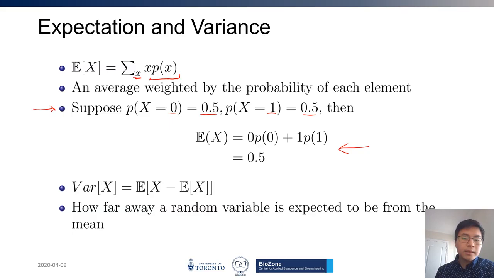The variance is all defined by the expectation. It's really the expected difference between your possible values and the expectation of those possible values. So how far away your values are from the center or from the mean. In the Gaussian example, this specifies how distributed or how widespread your events can be.